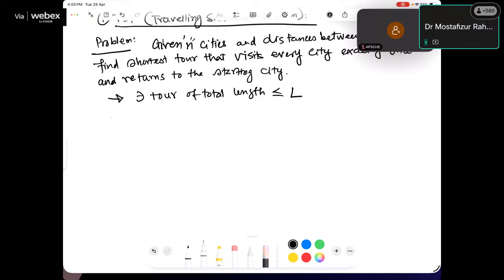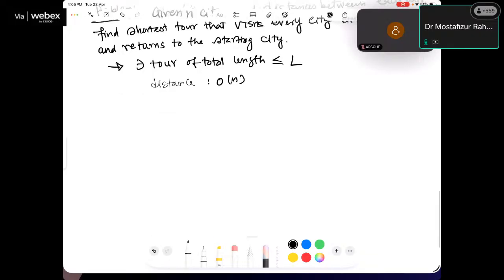And we can check the total distance, which in this particular case is a sum of distances, of order n, and we can check the certificate.